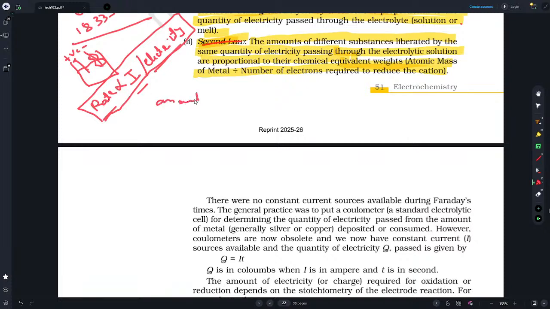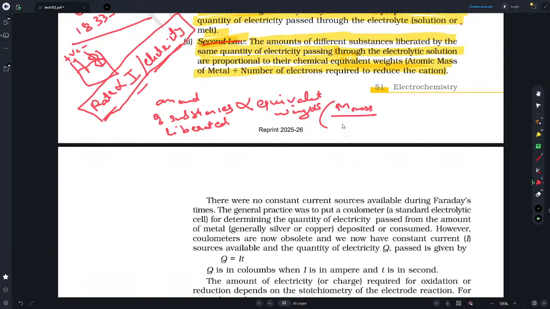The amount of substances liberated during an electrochemical reaction is directly proportional to the equivalent weights of the substances, which is nothing but the atomic mass of the metal divided by the number of electrons required to reduce the cation.